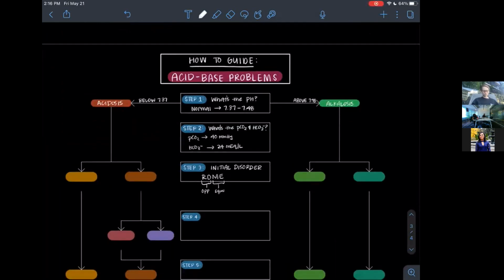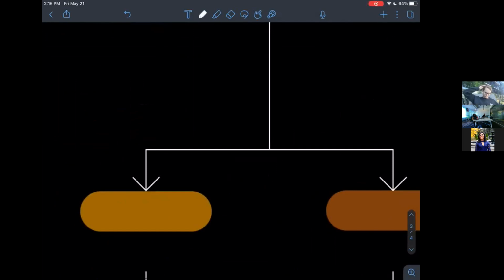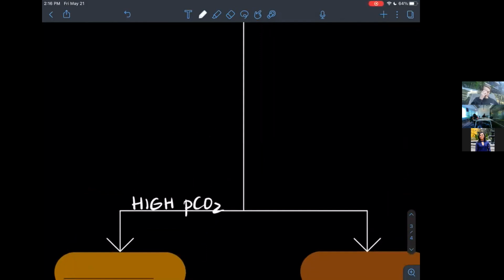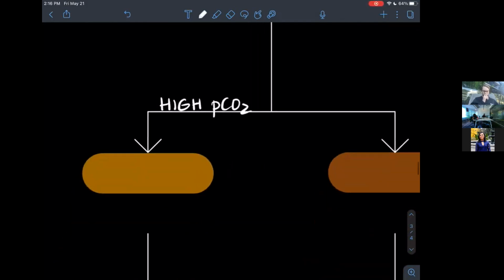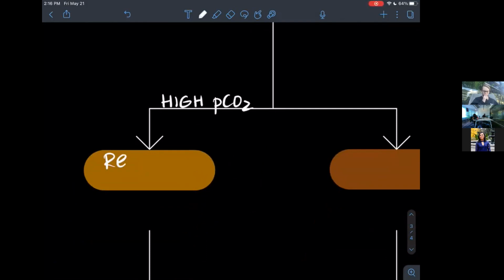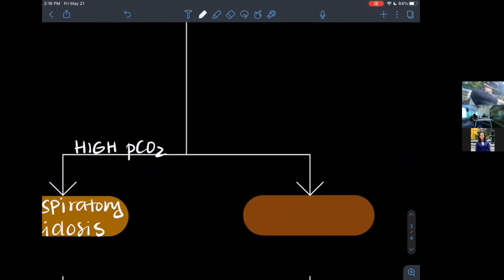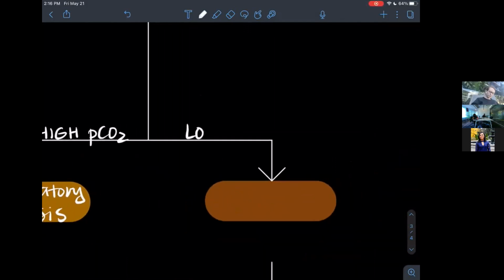So acidosis, you have a low pH. Let's say you have low pH and high CO2. That is respiratory opposite. So you have a respiratory acidosis. Let's say you have a low pH and a low bicarb.